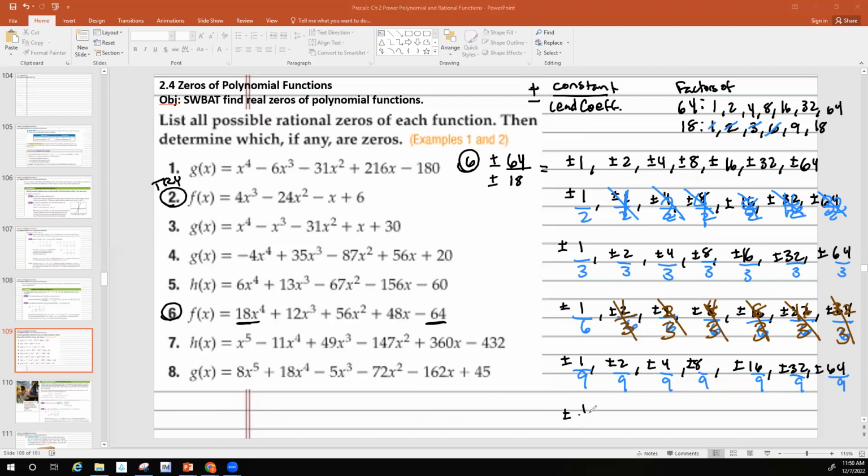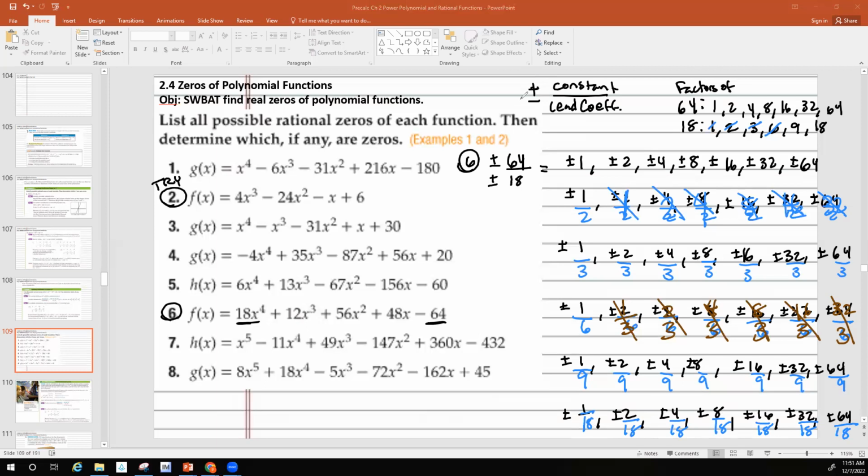You got 18. 1, 2, 4, 8, 16, 32, and 64. So divide by 18 for each one.